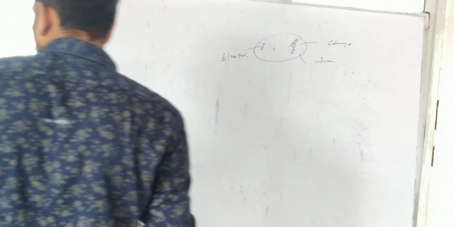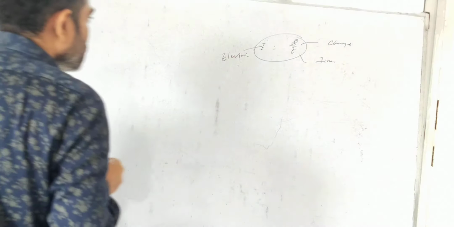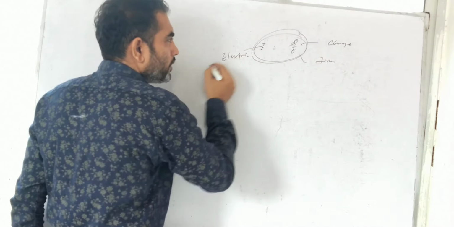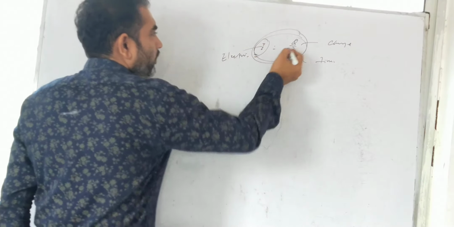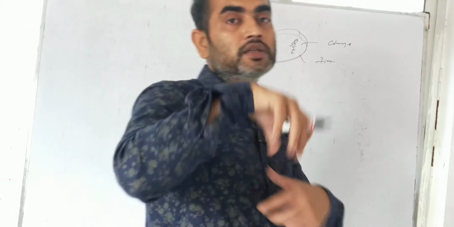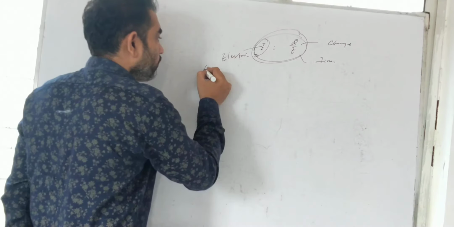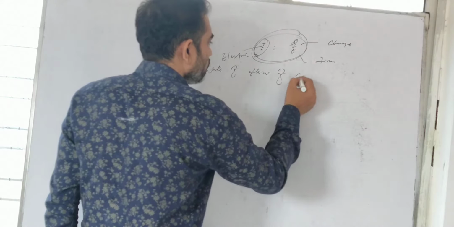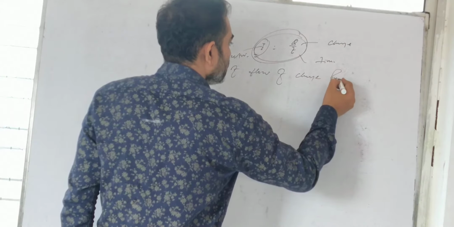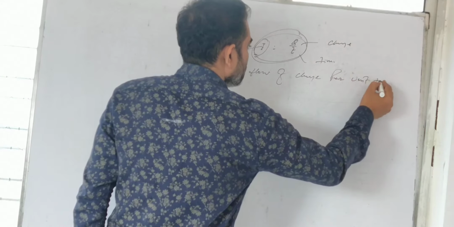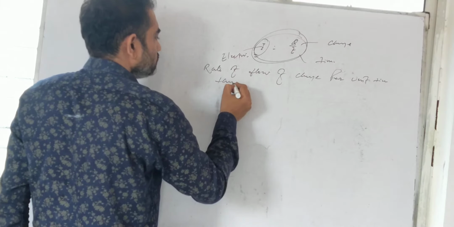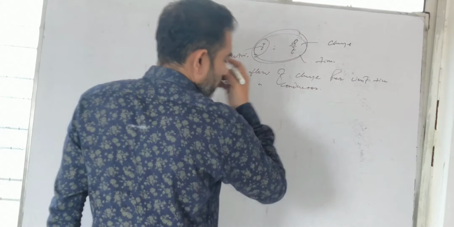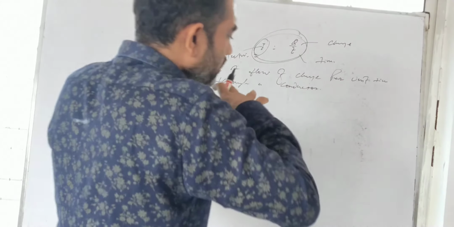If we need to give the definition, what I had told, electric current can be defined as the rate of flow of charge per unit time through a conductor. So that is said to be the electric current.